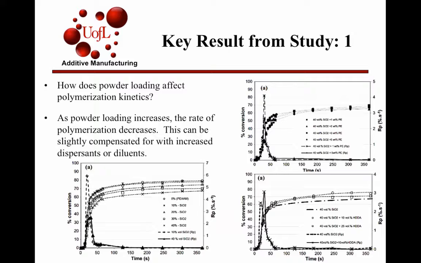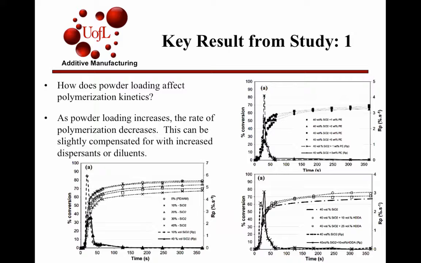And you see they increased it from 0 to 10, 20, 30, and 40. And as they increased the amount of silica in the resin, the percent of conversion to the fully polymerized state decreased constantly, just a steady trend downwards. And also the rate of polymerization, you can see the peak dropped as well, which is expected if the full complete percentage is also decreasing.